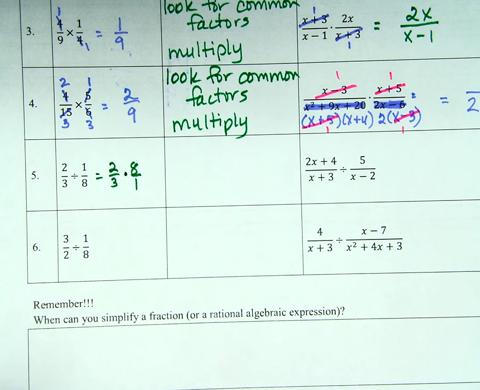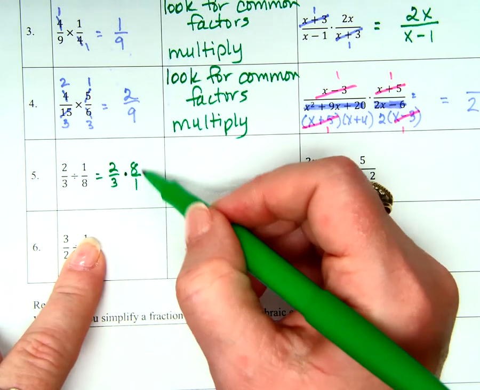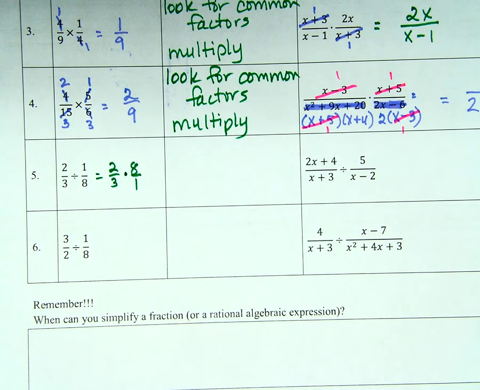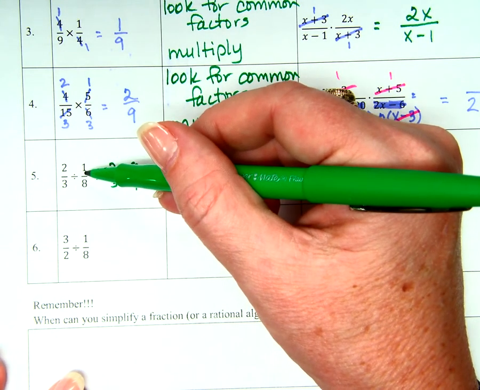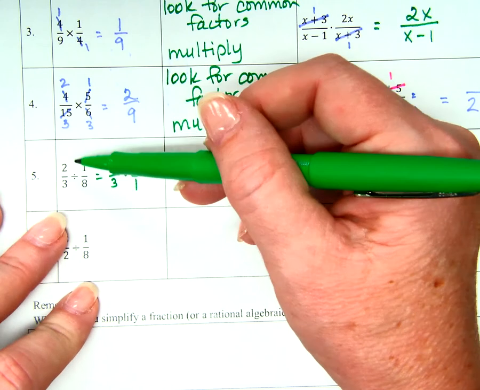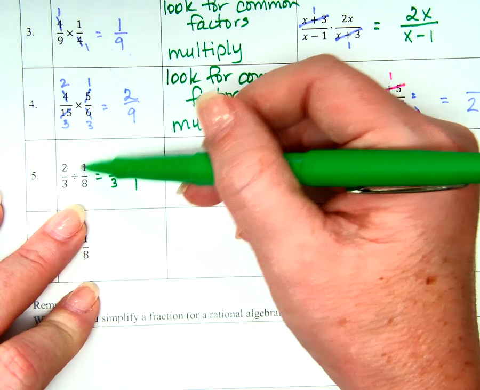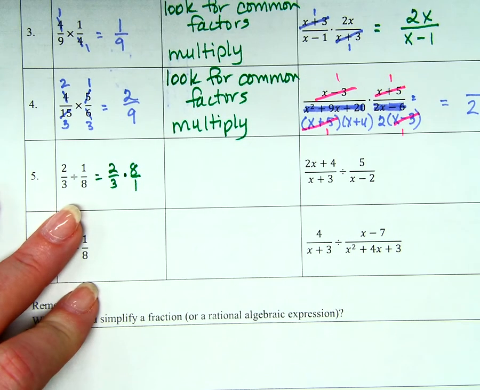Now what they said earlier was, well, you just flip it. Well, if I say multiply by the reciprocal, I'm multiplying by the reciprocal. They were just saying flip it. I'm like, how do you know which one to flip? Because we're only flipping one, right? If we're going to use that kind of vocabulary, we're only flipping one. Which one do we flip? The second one, right? Whatever we're multiplying or dividing by, this is the one we take the reciprocal of. So if we say we are multiplying by the reciprocal, we're multiplying by our second fraction's reciprocal.